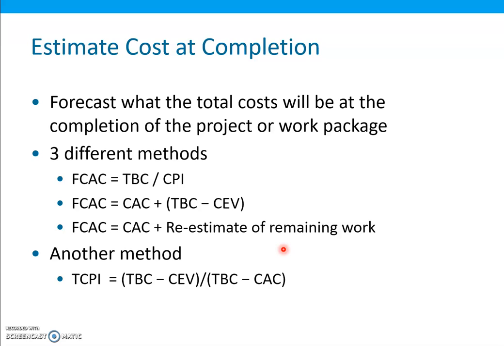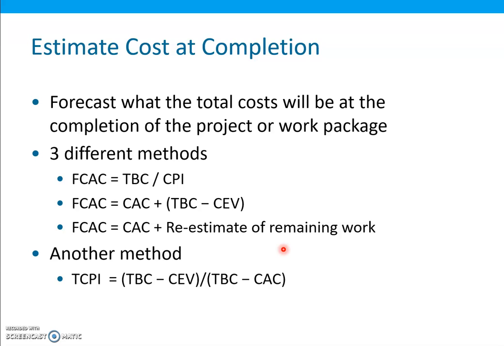There are three different methods for determining the forecasted cost at completion, FCAC. The first method assumes that the remaining work will be done at the same rate of efficiency as the work performed so far.